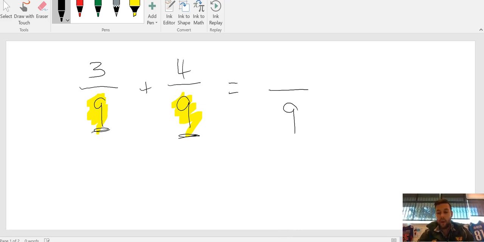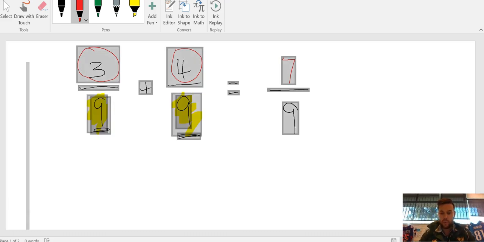Now, all we need to do is add these top numbers: 3 plus 4, which equals 7/9. So when we add or subtract fractions, if the denominator is the same, we only need to add or subtract the numerator. Alrighty, that's a simple one.